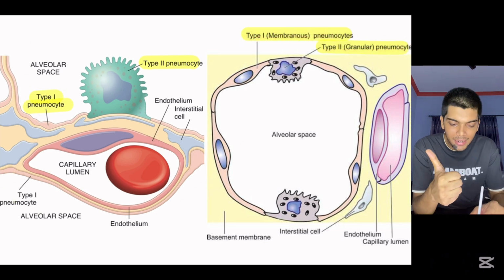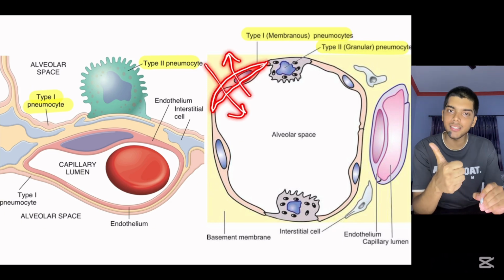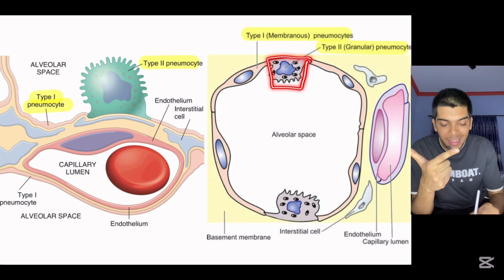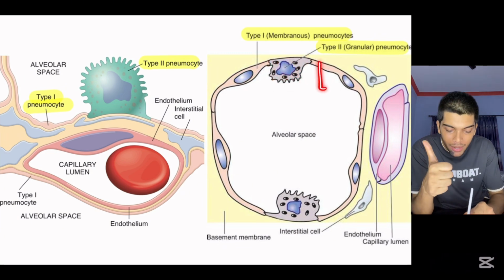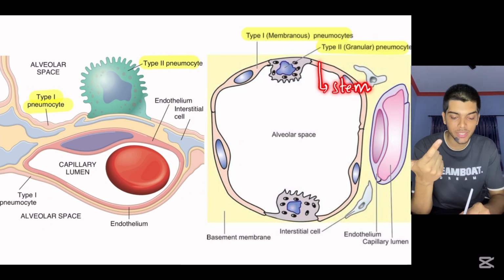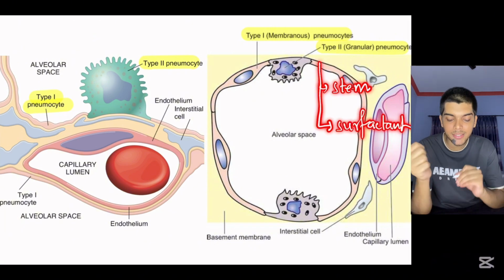Type 1 pneumocyte is flat and allows for the exchange of gas. Type 2 pneumocyte, on the other hand, is cuboidal and granular, and has two major functions. Number one, it is a stem cell, that is, it gives rise to other pneumocytes. And number two, it produces surfactant, which reduces surface tension.